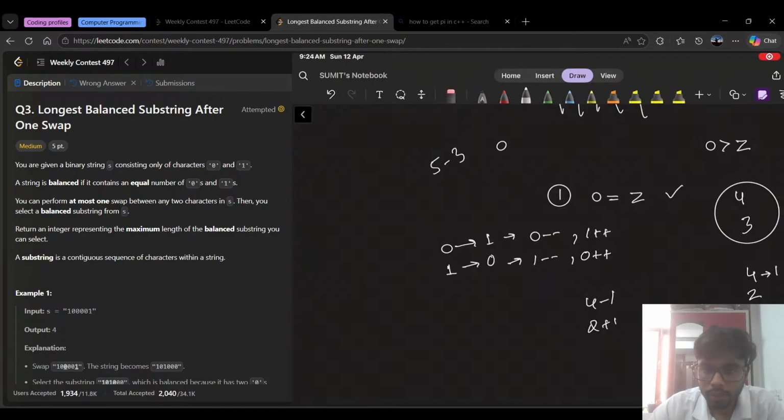Okay, the difference must be 2, I guess. And then it will be distributed. Test case 6 and 2.